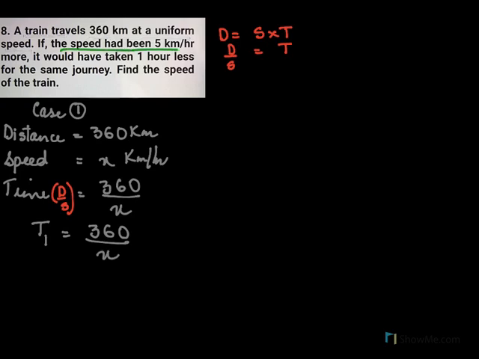If the speed had been 5 kilometers more, so now the speed in the second case is increased. It is increased by how much? By 5 kilometers. So now the speed is x plus 5 kilometer per hour, and the distance of course remains the same.